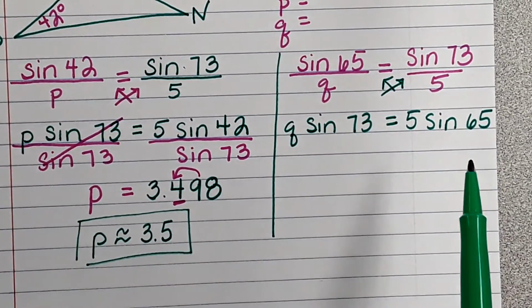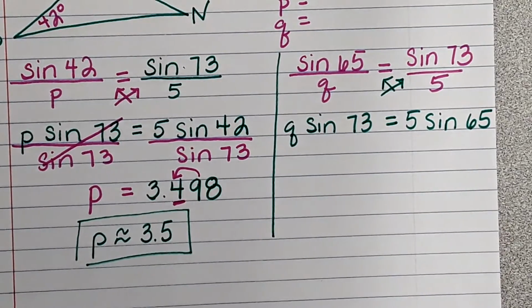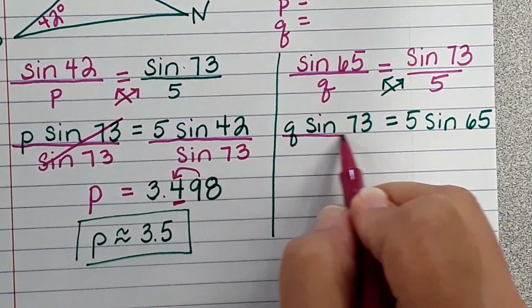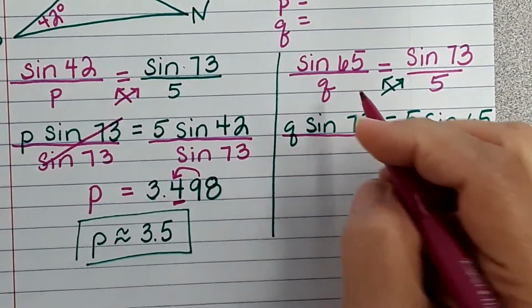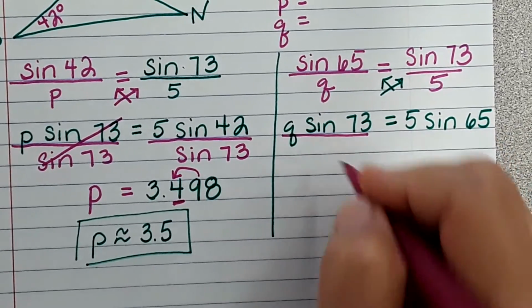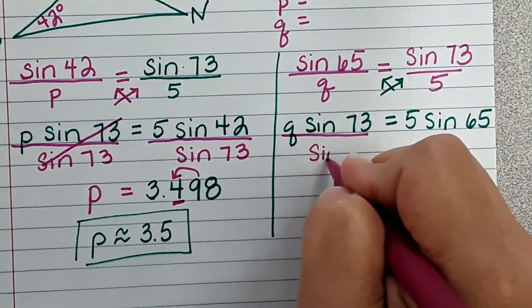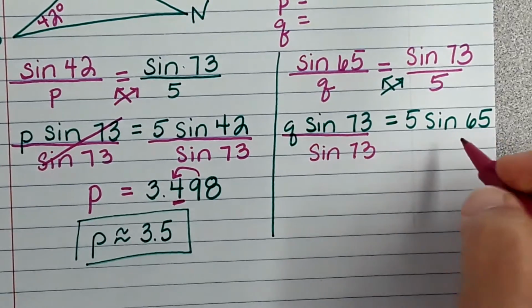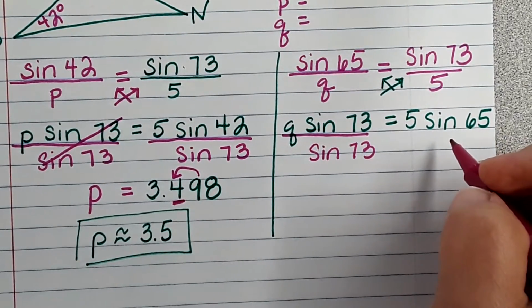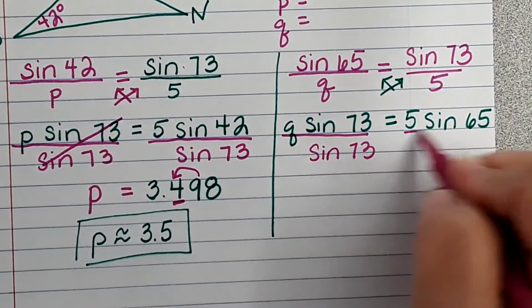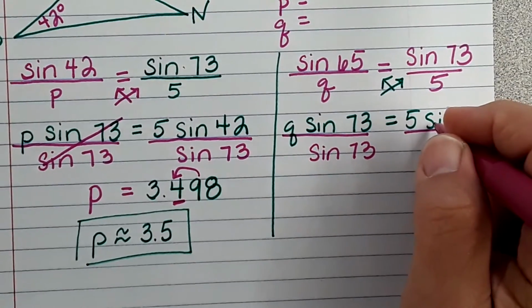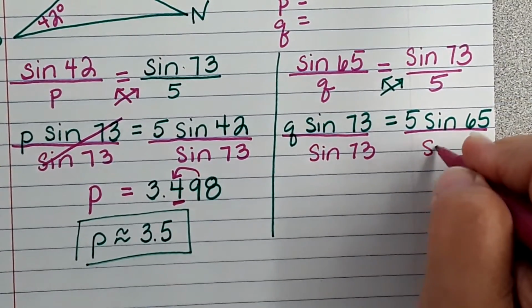I always put it on the left side just so that I'm consistent. Now, what am I going to divide by? Sine of 73, because you would never say just sin 73, right?